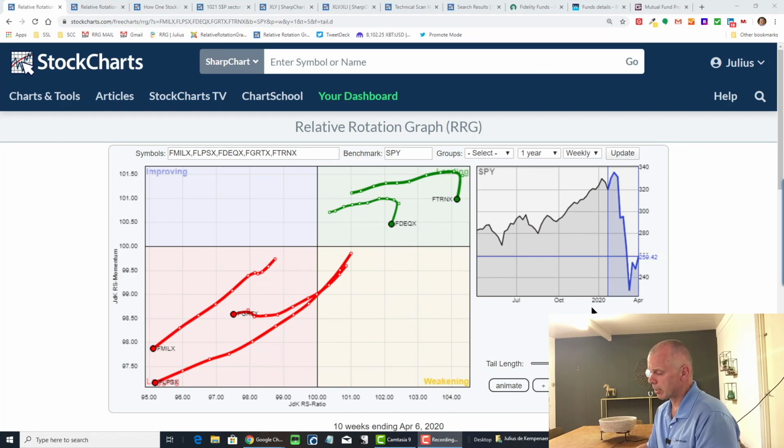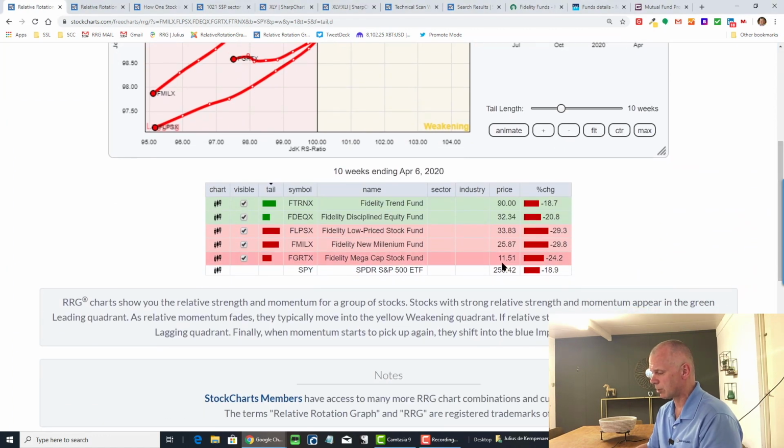And you will get an RRG that looks like this. If we quickly browse to the table, you see that I've just picked completely at random a number of Fidelity funds: the Fidelity Trend Fund, Disciplined Equity, Low Price Stocks, New Millennium, Mega Cap Stock Fund.